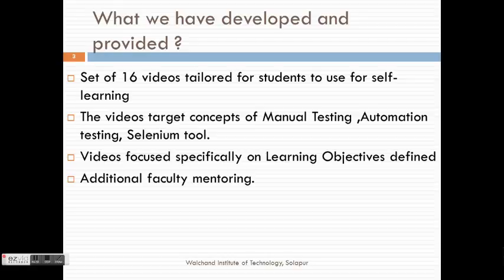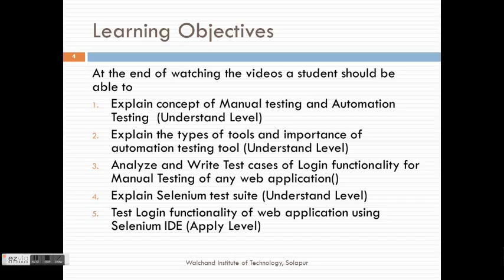Moving further, these are the learning objectives which we are trying to focus on through these videos. After watching the entire videos, we expect students to develop the ability to meet the following objectives.